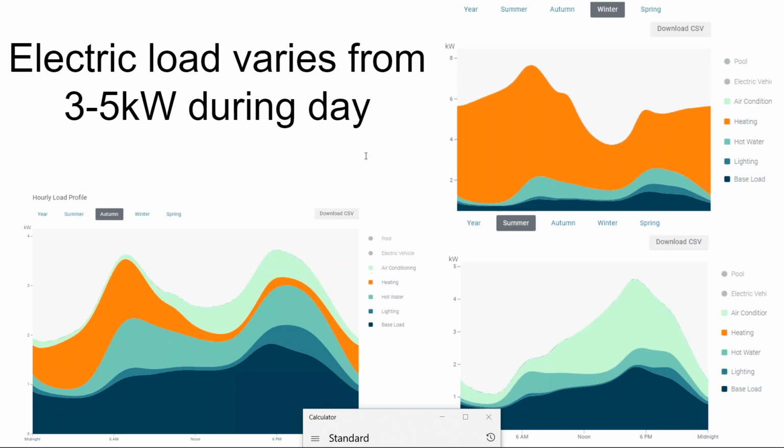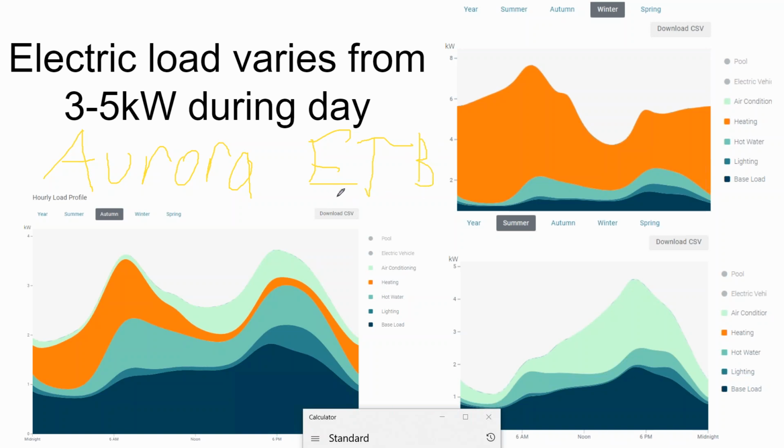So Todd asks, okay, who does these graphics? This is a solar design software, Aurora. And then the other one that does stuff like this that is just as good, in fact, for commercial modeling, for economic modeling, it's a little bit better, is called Energy Toolbase.